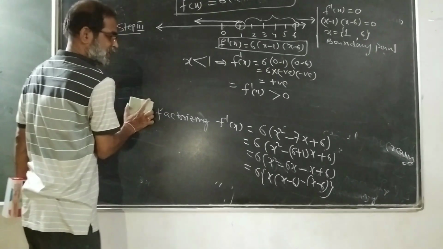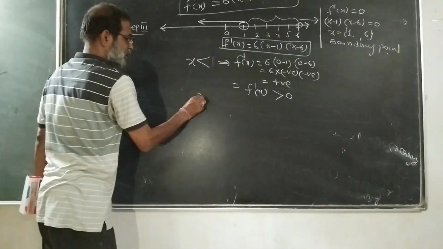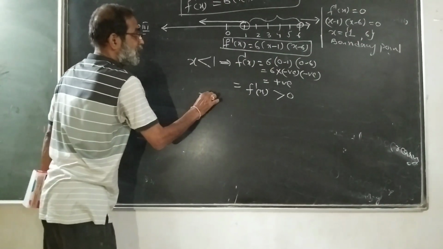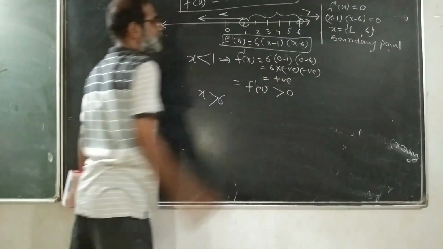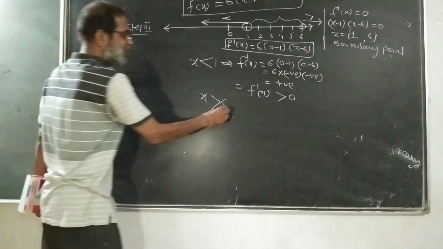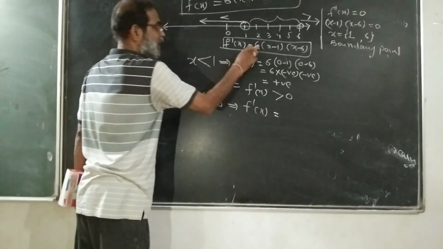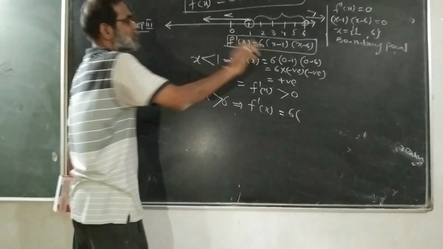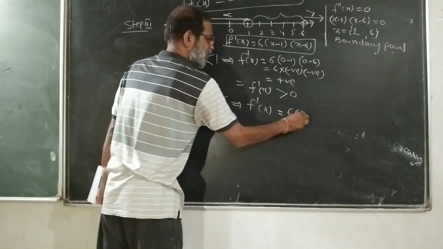Then you check the function everywhere. This side you check: x greater than 6. This side is less than, this side is greater than. So for x greater than 6 you put any number in f dash x. 6 into any number, 7, 8, 6.5. You can put 6.5 also.